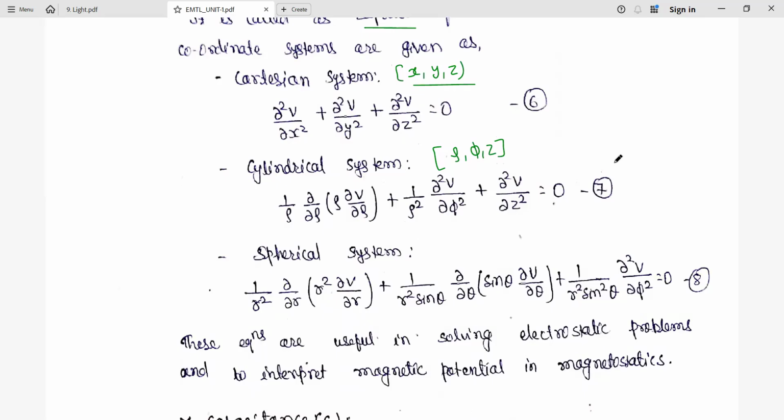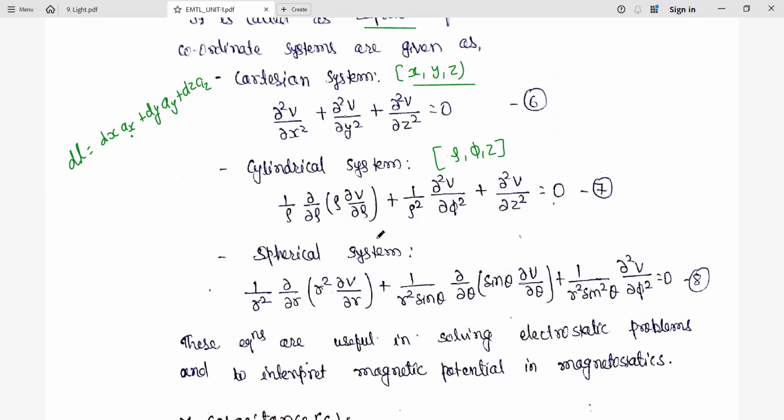So these equations will be easy to write once we have the proper expression for the differential element or differential displacement in all three coordinates. In Cartesian coordinates, we have dx a_x plus dy a_y plus dz a_z, where a_x, a_y, a_z are the unit vectors.